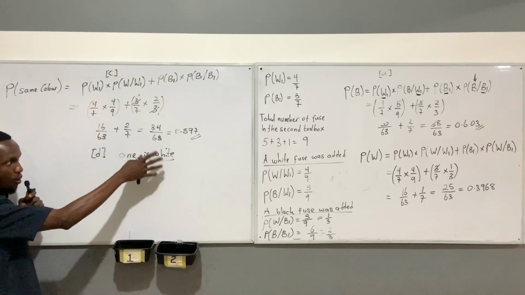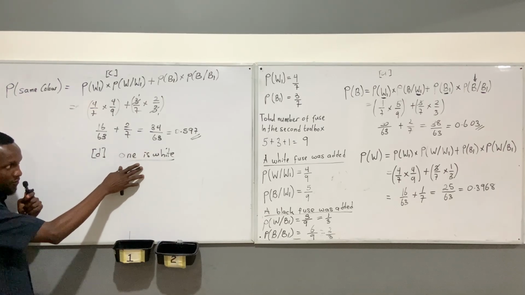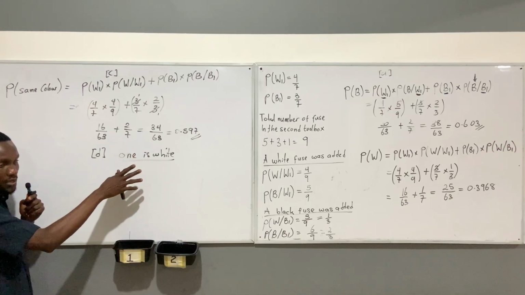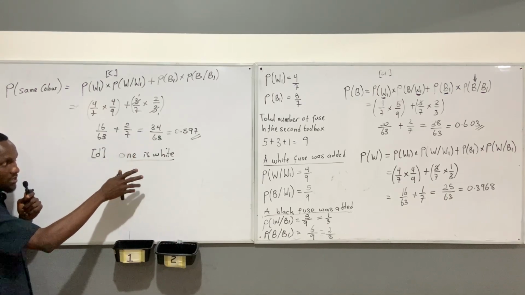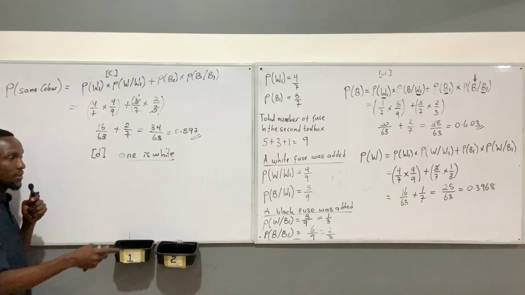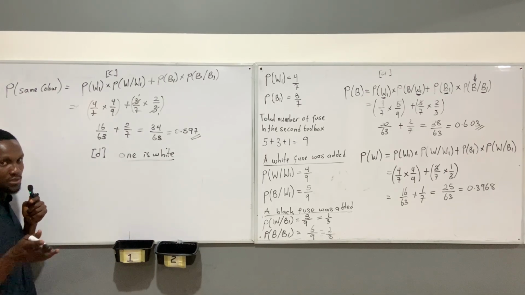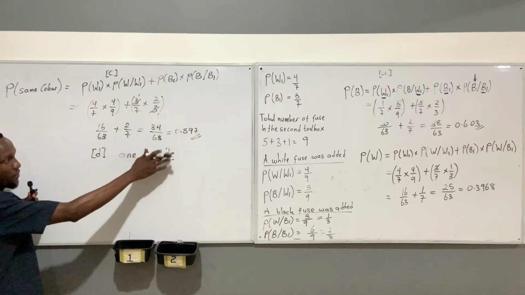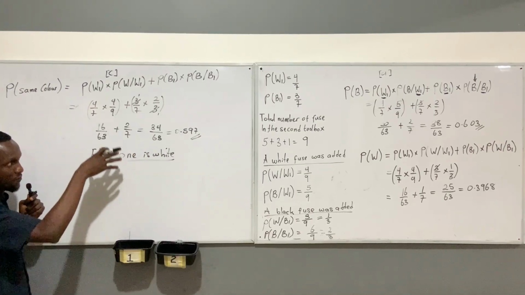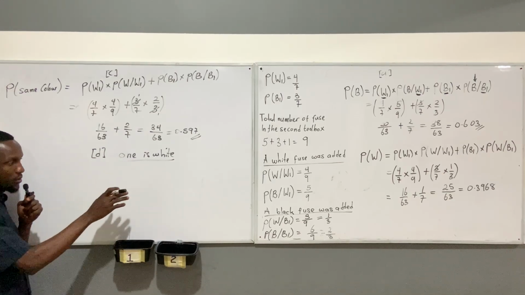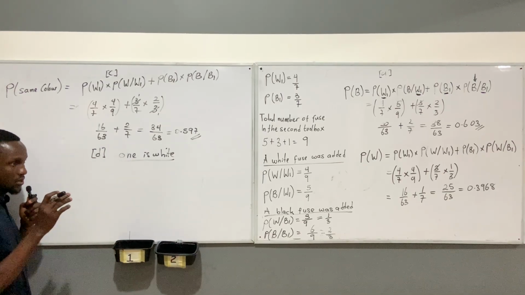From all that I tried, I couldn't solve it, so I had to do research, and we find out that if the question is saying either 1 is white or 1 is black, then we can solve this. So we are going to use that scenario to solve it. But you can find out from your lecturer if you come across a similar question, and find out how to go about it, or if the question was incorrect.